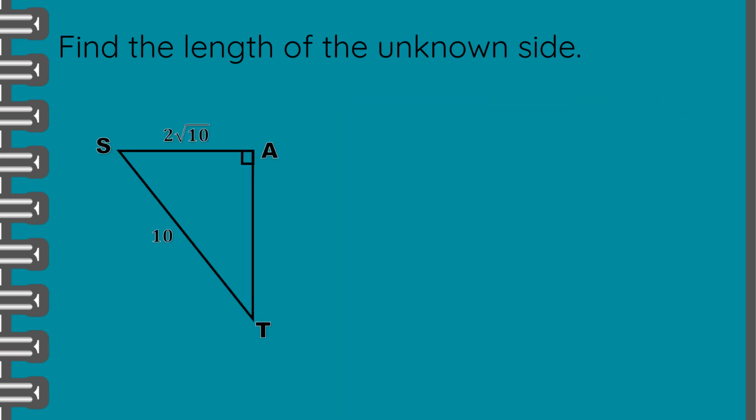We now solve for the length of segment AT in right triangle SAT, given the length of the hypotenuse, which is 10 units long, and the length of one of its legs, which is 2 square root of 10 units long. By Pythagorean theorem, we have the square of the hypotenuse equals the sum of the squares of the two legs.